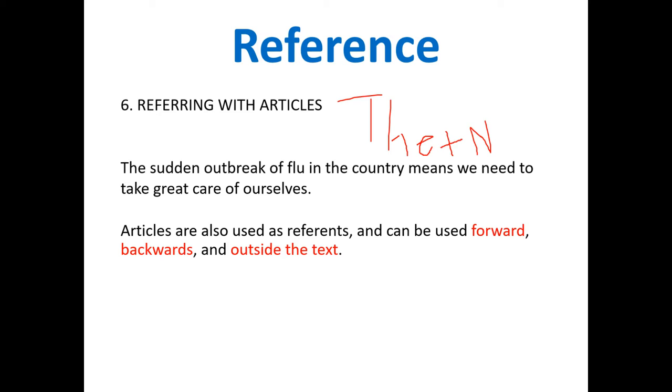And the last one is referring using articles, usually referring outward and referring backward. Okay? The sudden outbreak of the flu in the country means that we need to take great care of ourselves.